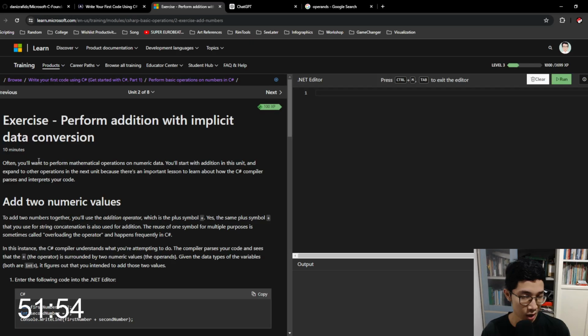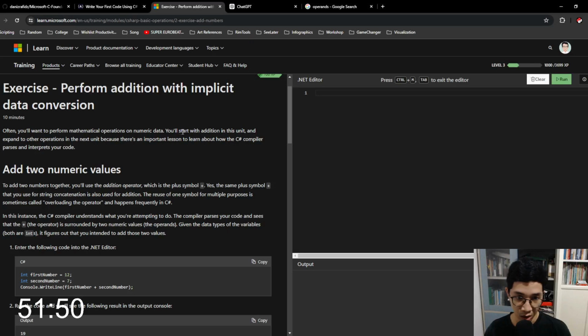Okay. Often you will want to perform mathematical operations on numeric data. You will start with addition in this unit and expand to other operations in the next unit, because there's an important lesson to learn about how the C# compiler parses and interprets your code. So we start with addition, because everyone loves addition.